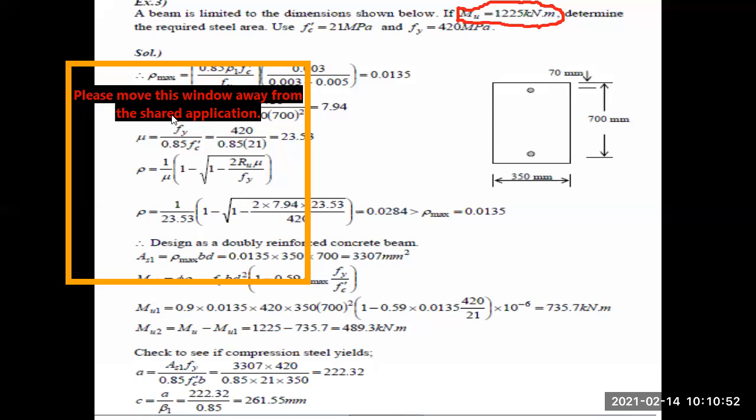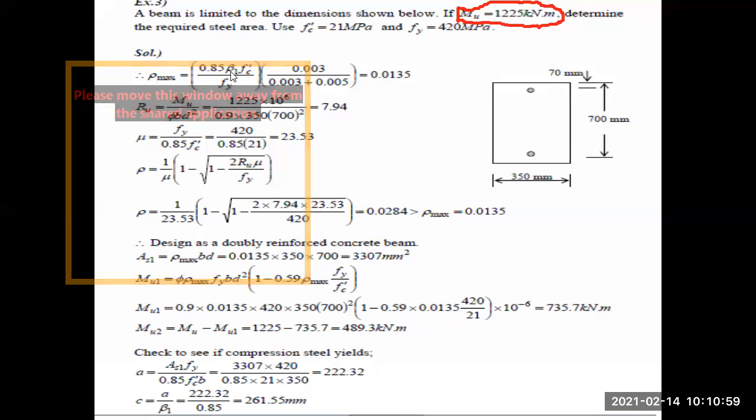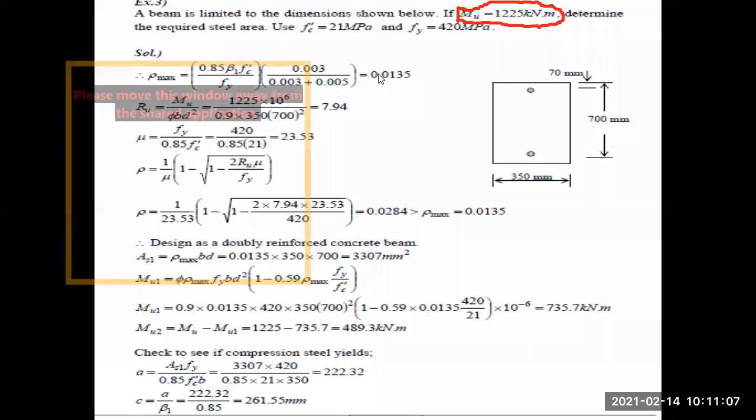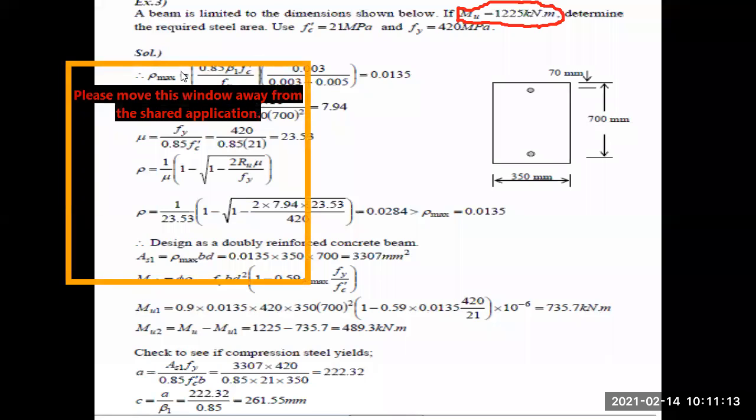So that would be rho max, equal to 0.85 beta 1 f sub c prime over fy times 0.003 over 0.008, and it equals 0.0135. This is the maximum steel ratio you can have for this section.